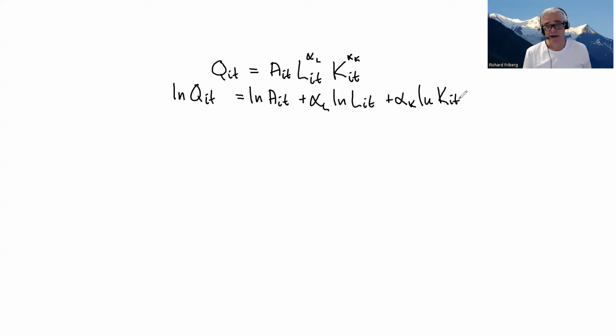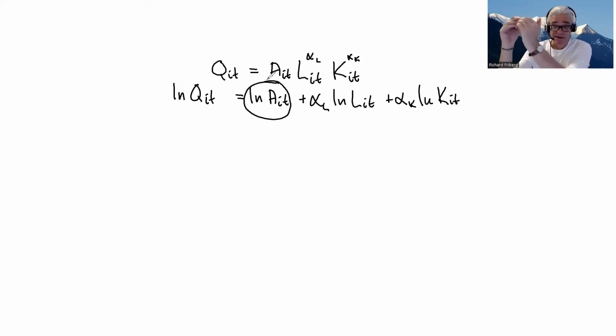Okay, so this is something we can estimate. We observe K, we observe L, we observe Q, at least for some industries or for some types of firms. And we can then estimate A, the total factor productivity, and the alphas, the output elasticities.